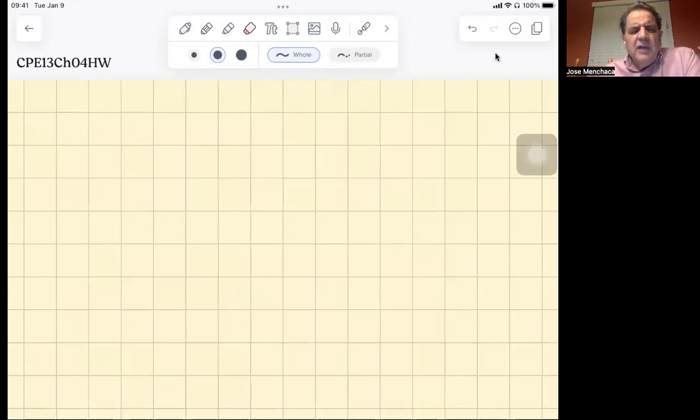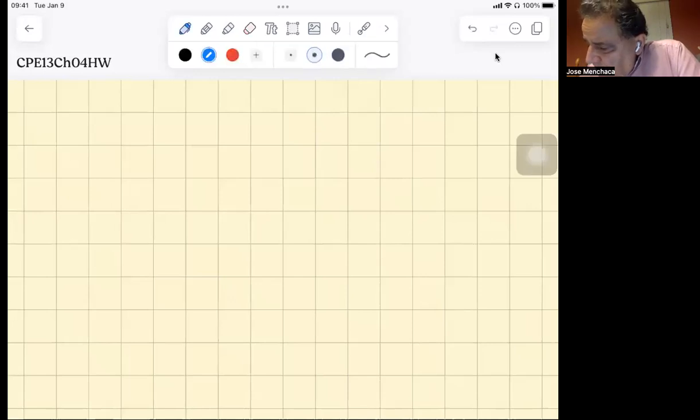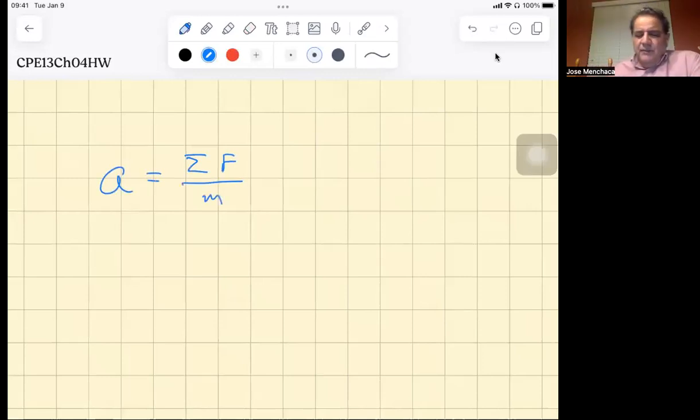The acceleration is directly proportional to the applied force, is in the direction of the applied force, and is inversely proportional to the mass. And we write that in equation form that acceleration is equal to the net force, that's the sum of the forces, divided by the mass.